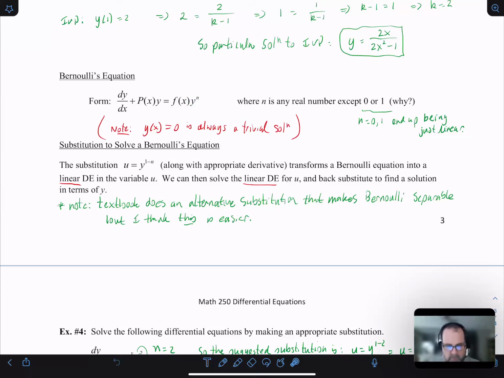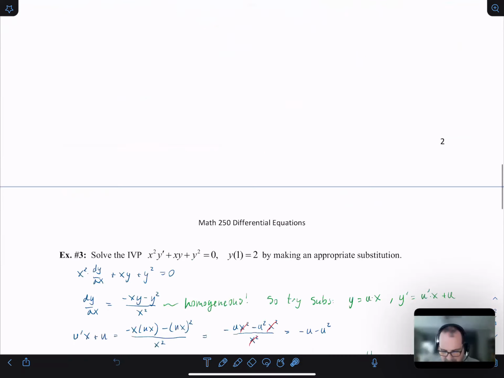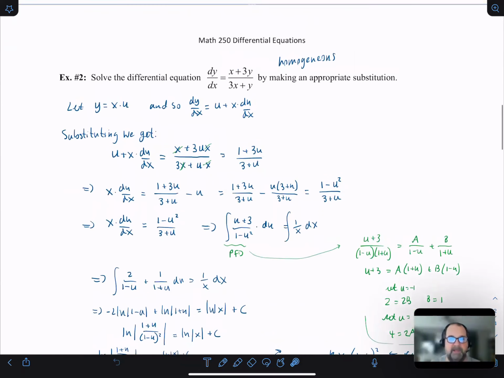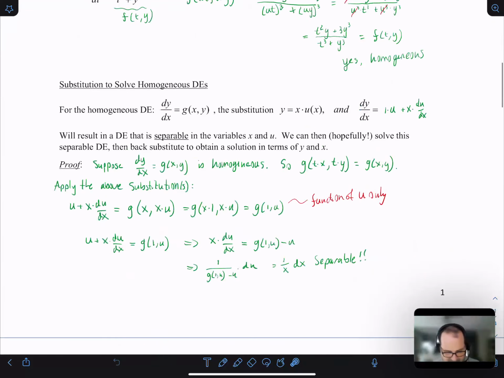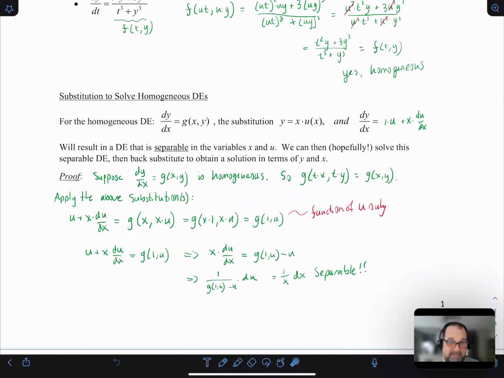All right, so what remains here is going back briefly to some prerequisite questions. Let me go back to the beginning. When we're working with one of these homogeneous DEs, there is a special substitution that turns a homogeneous differential equation into something that is guaranteed to be a separable differential equation.